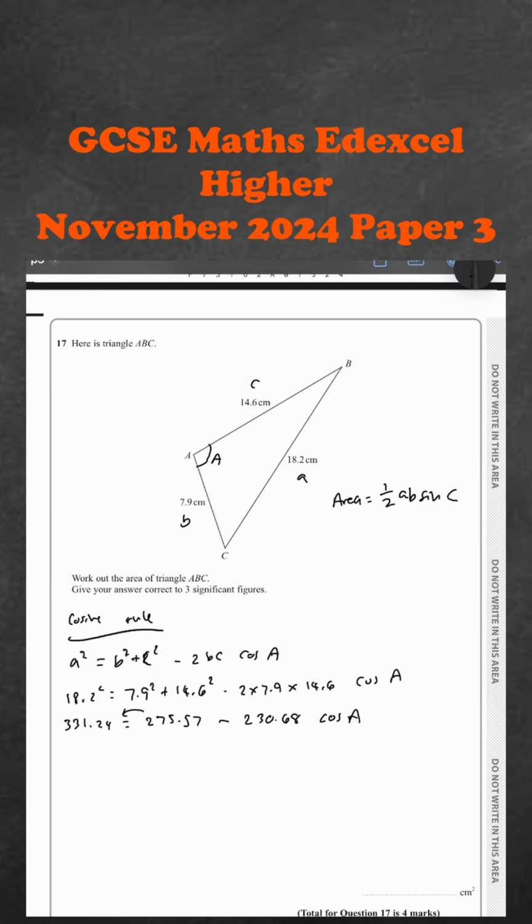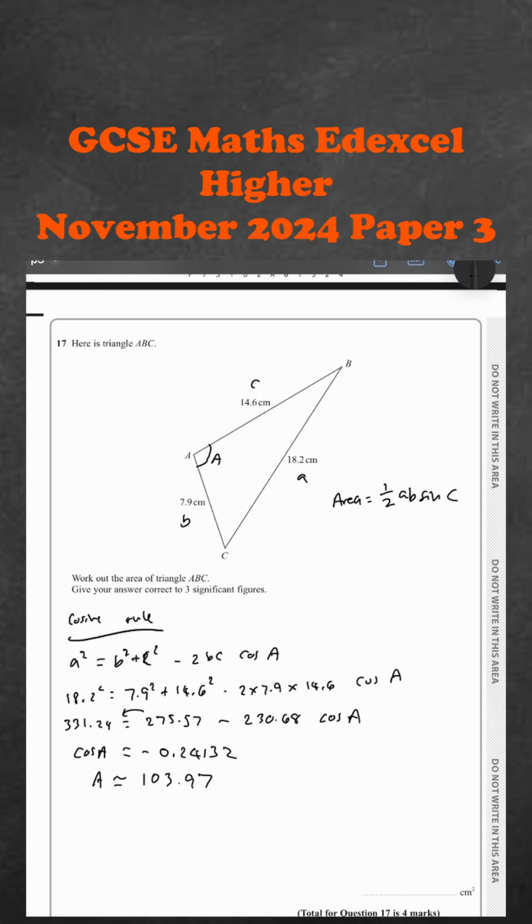We get cos A equals minus 0.24132, etc. If I do cos minus 1 of the answer, I get A is approximately 103.97.